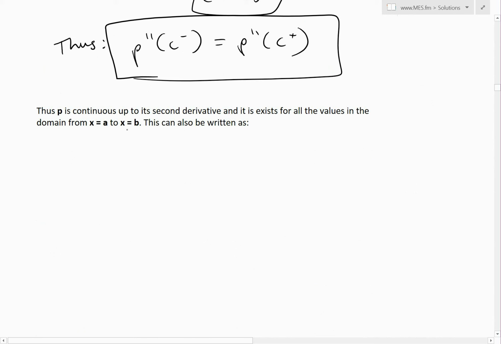Thus we've just shown p is continuous up to its second derivative, and it exists for all values in the domain from x equals a to x equals b, and this can also be written as p is an element of C squared, continuous up to the second derivative, on the domain [a, b], closed brackets, meaning including x equals a and x equals b.